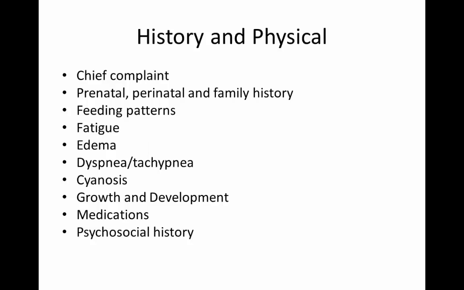Now, how is it important to obtain the history and physical on the pediatric patient? Remember that most congenital defects lead either to decreased pulmonary blood flow or to increased pulmonary blood flow with associated pulmonary congestion. So symptoms vary according to the alteration of this pulmonary blood flow.